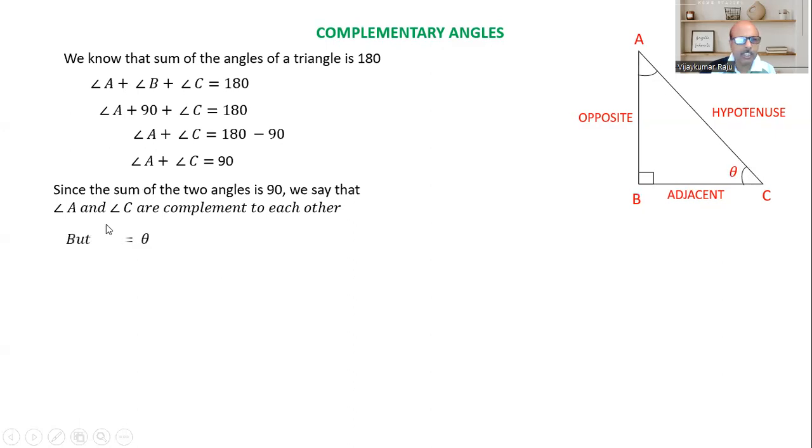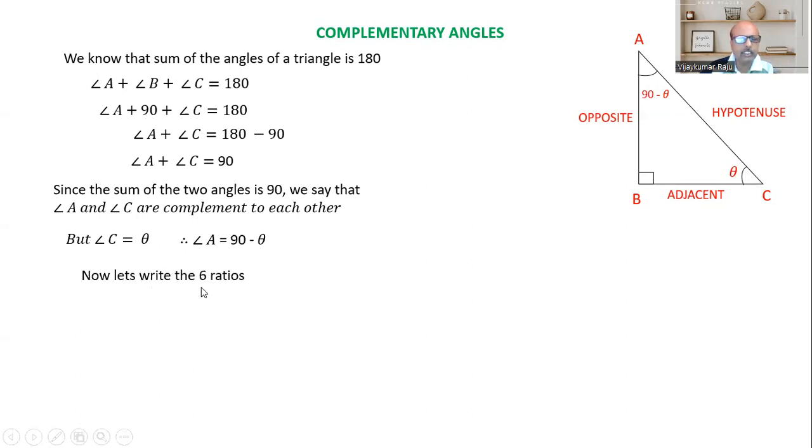So if angle C is theta, therefore angle A will be 90 minus theta. So this is angle A, which is 90 minus theta, which is the complement of angle C. So let's mention it here, 90 minus theta. This is the complement angle of angle C, or angle C is the complement of angle A.